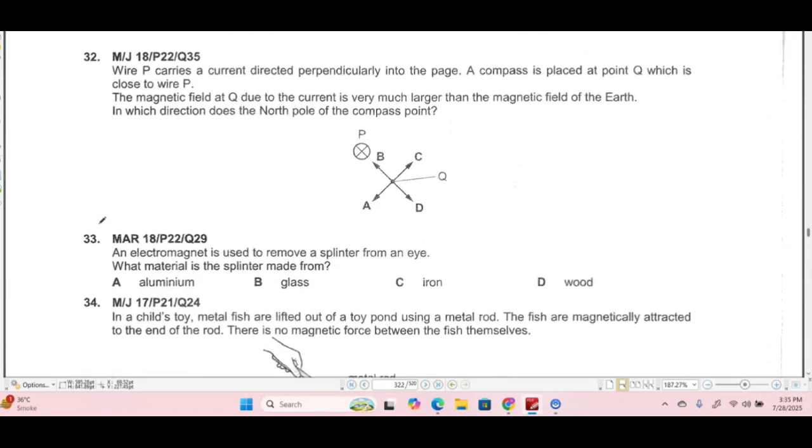Moving forward, question number 32. Wire P carries a current directed perpendicular into the page. A compass is placed at point Q, which is close to wire P. The magnetic field at Q due to the current is very much larger than the magnetic field of the Earth. In which direction does the north pole of the compass point?